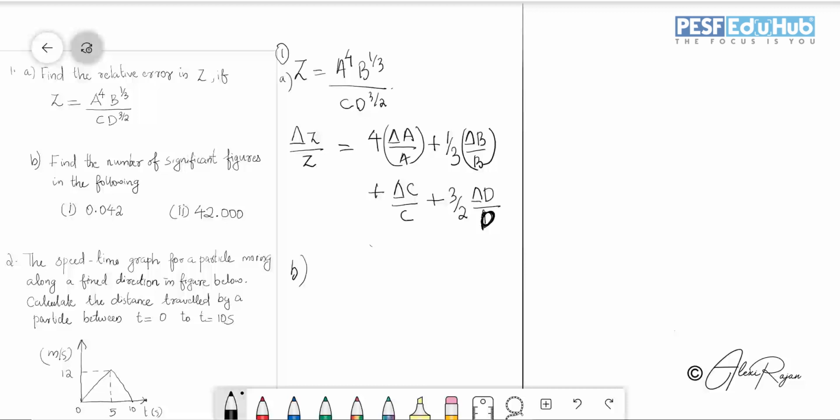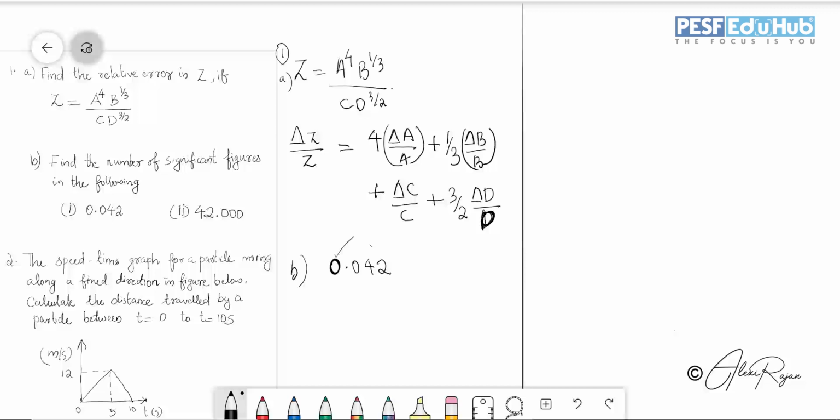Now the first question, 0.042. Here one rule is there: all the zeros which are right to the decimal point and left to the non-zero digits are insignificant.